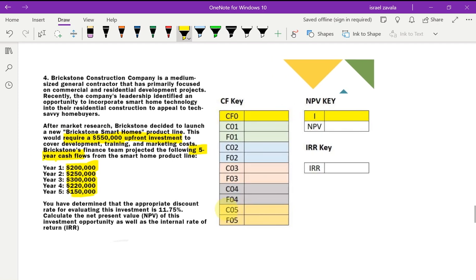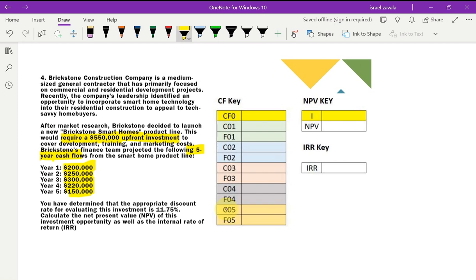You have determined that the appropriate discount rate for evaluating this investment is 8.75%. So, of course, here comes the question. Calculate the net present value of this investment opportunity as well as the internal rate of return.